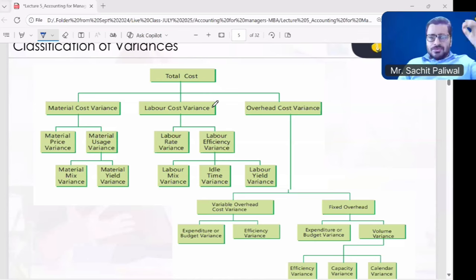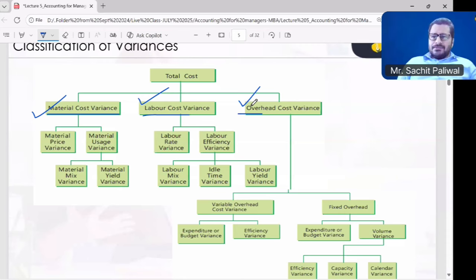Okay. So I was talking about the variance class. The variance is different based on the different levels, like at the level of material, labor and overheads. I hope you remember this classification of cost, material, labor and overhead that we have already discussed in the previous lecture.